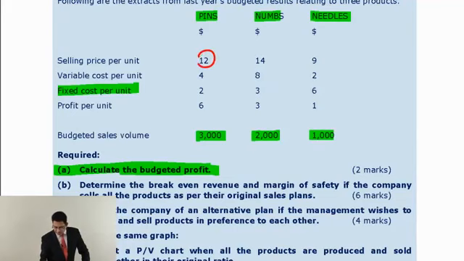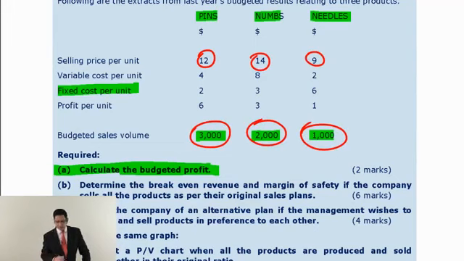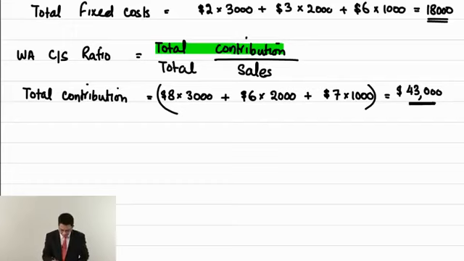And total sales is another easy thing to find out. Selling prices are given for each product. We just need to multiply them by the sales volume. So 12, 14 and 9.